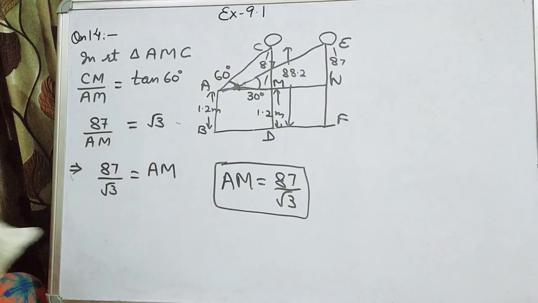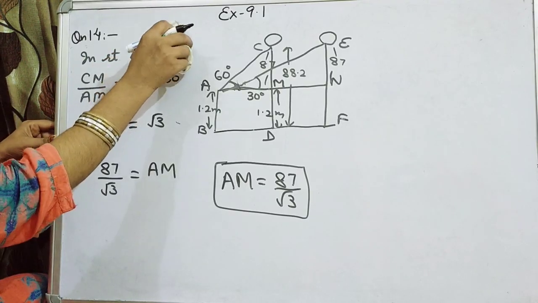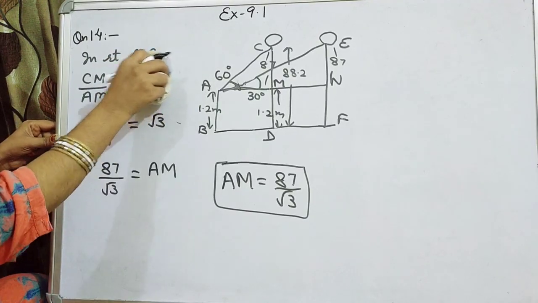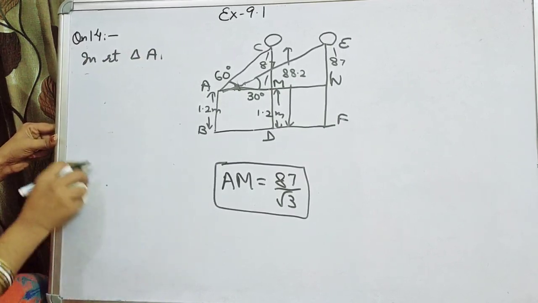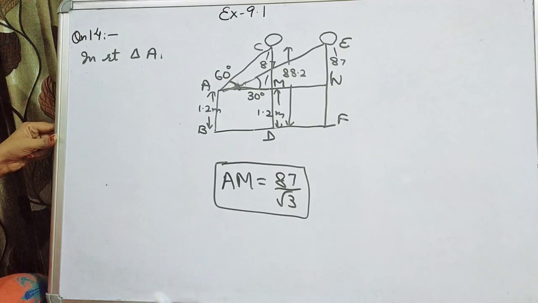Now we'll move to the next right triangle, and the next right triangle is ANE. In ANE again, of the two sides, the ratio we have to take is perpendicular by base.